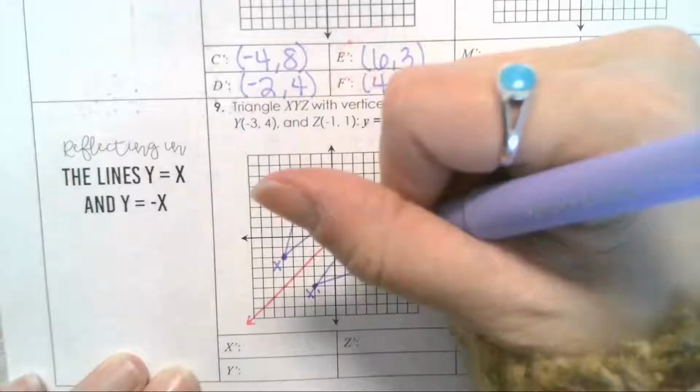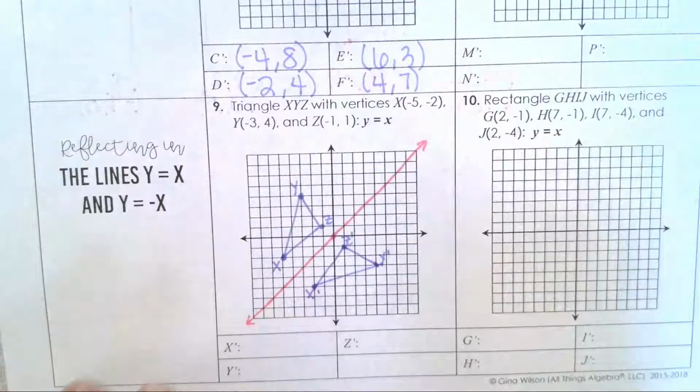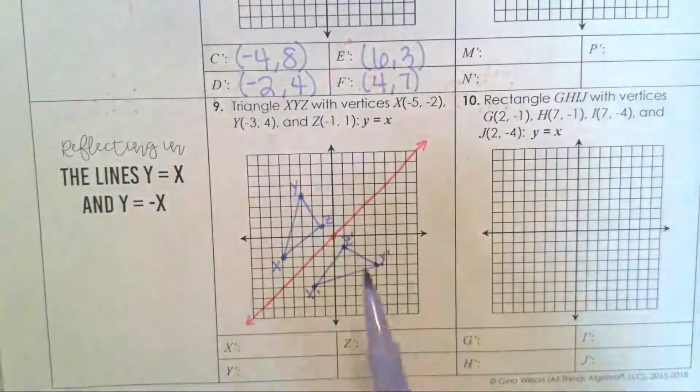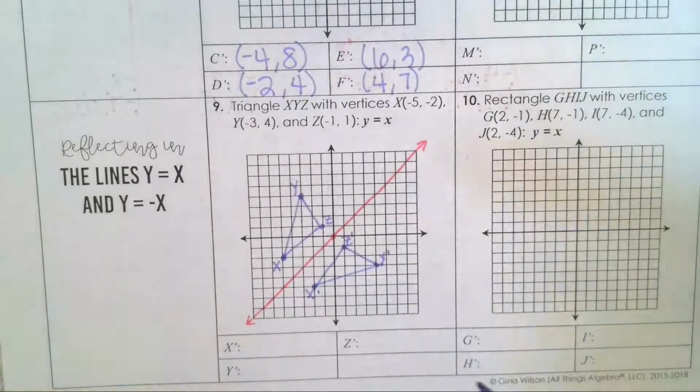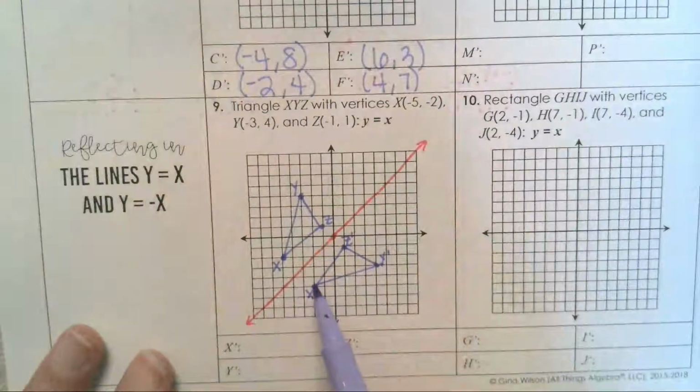So when you are counting these, you are going to end up sometimes counting these little half boxes. So that half box is going to count as the same half on the other side. So X prime is going to end up at -2, -5.